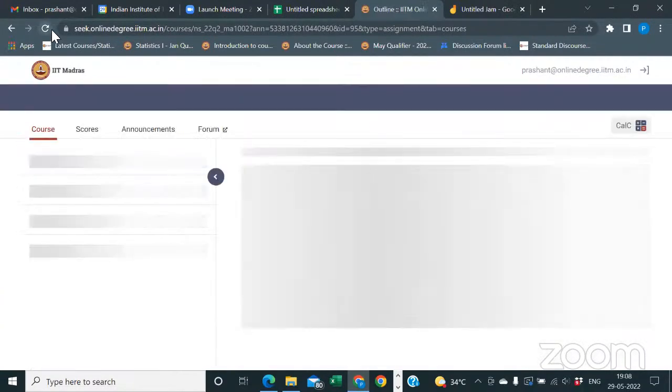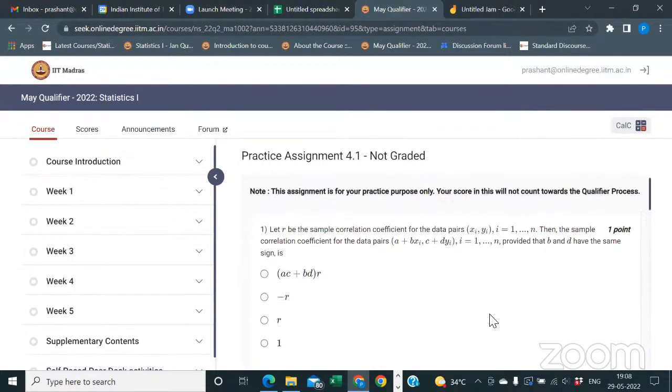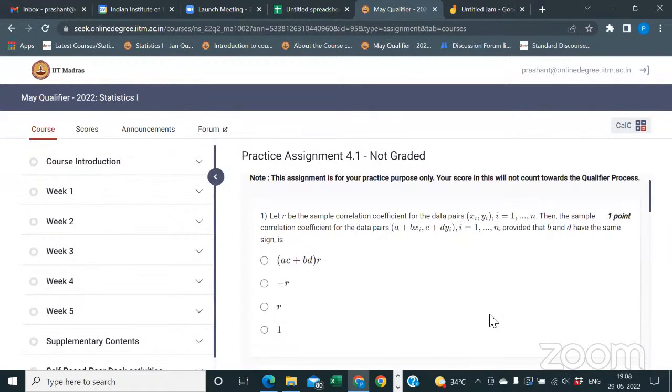This one, right? Yes, sir. The answer is R, but I didn't check because I didn't get the question. What does it actually mean?